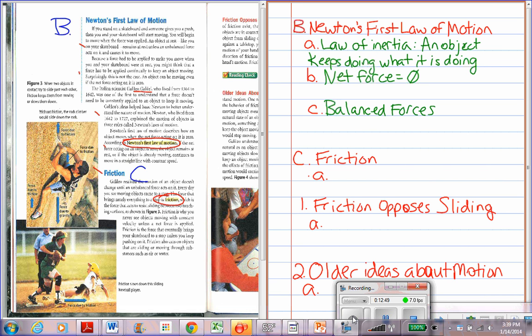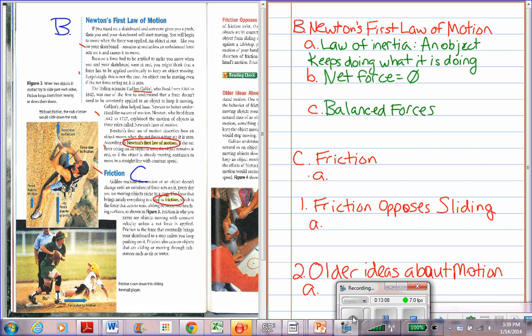Friction is why you never see objects moving with constant velocity unless a net force is applied. Friction is the force that continually brings your skateboard to a stop unless you keep pushing on it. Friction also acts on objects that are sliding or moving through substances such as air or water.